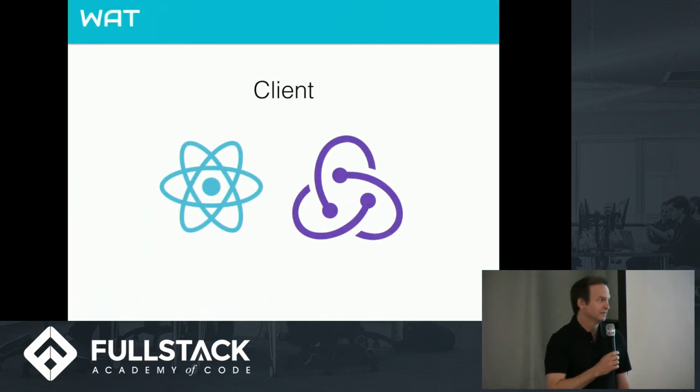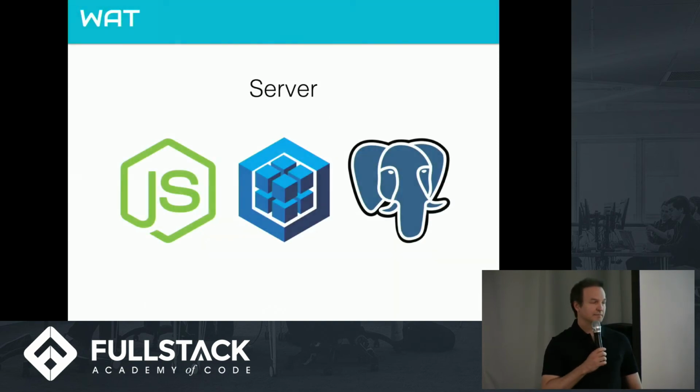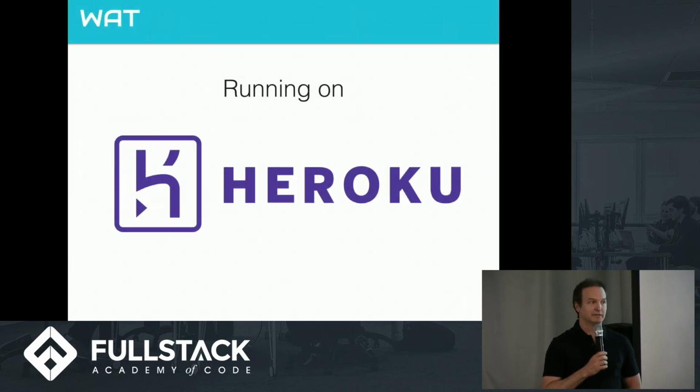Thank you, Summer. So WAT has been designed as a mobile-first responsive design application using React and Redux. On the server side, we are using Node.js, SQLite, and Postgres as a database, and we create a RESTful API.